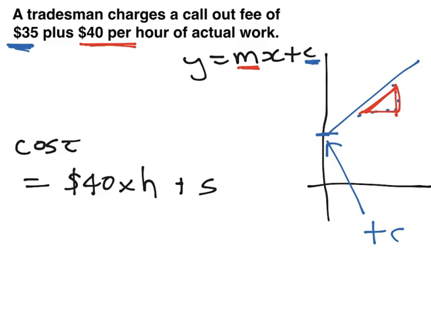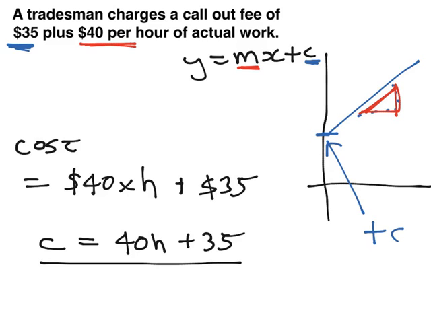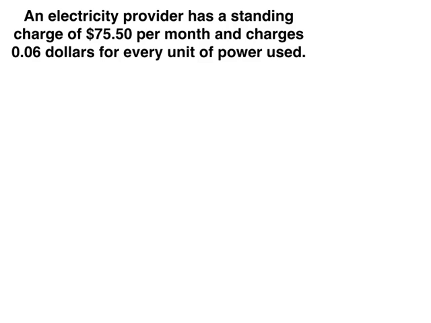So you might want to abbreviate that to C equals 40H plus 35. I'm just taking out the dollar signs for quickness. So that's it, simple as that. y equals mx plus c, the gradient is the rate, and the c is the starting point where we start off from.